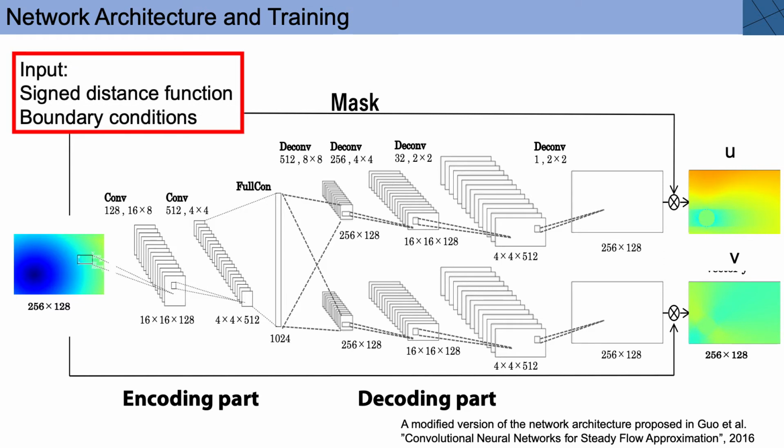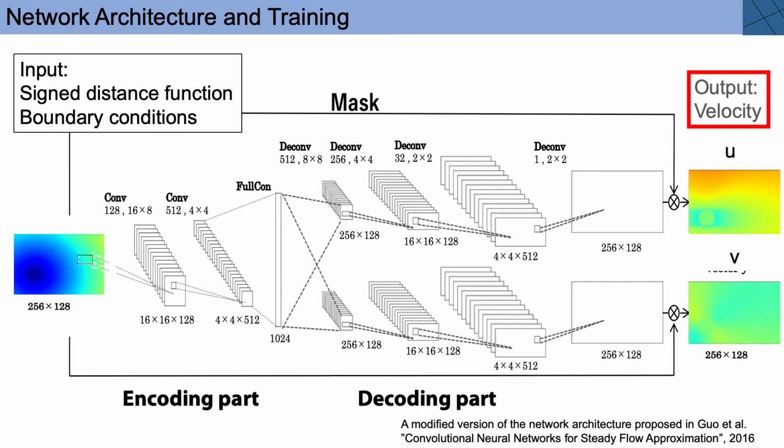We use signed distance functions and boundary condition of velocity as inputs. The signed distance function is used to represent geometry including cylinders. This model provides velocity fields as output. In order to improve the accuracy, the model provides the information of the location of the object as a mask.